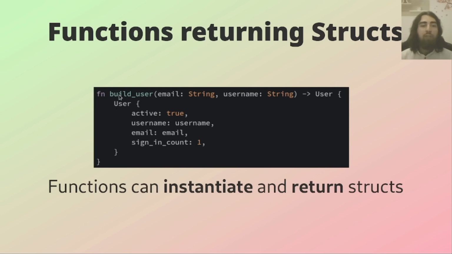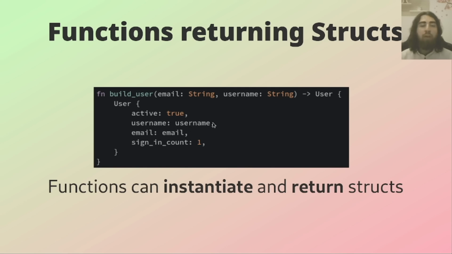So in this case, we have the build user function, which creates an instance of the user struct. And as you can see, again, it's just providing concrete values for each of its fields. And over here, as you can see, this function takes two arguments, email of type string and username of type string.